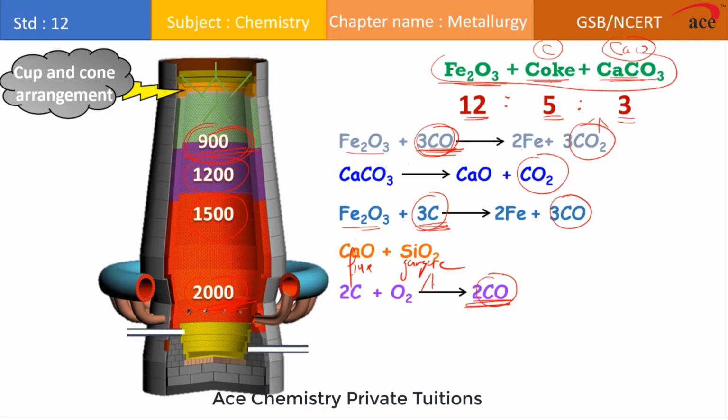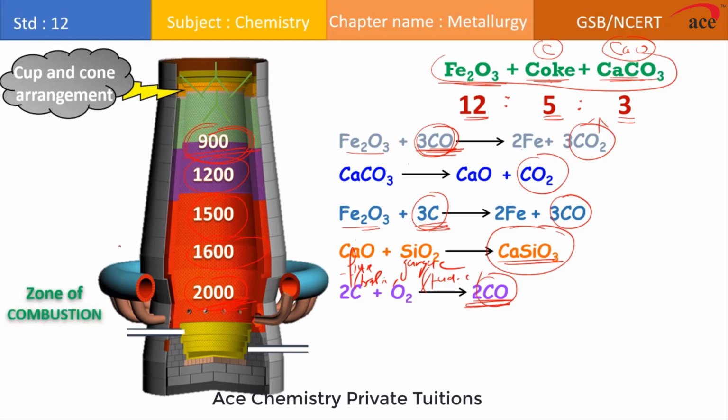This gangue is acidic in nature, and that's why we choose a basic flux. This basic flux combines with the gangue and forms an easily fusible mass, that is calcium silicate. It has a lower melting point and lower density as compared to molten metal. This reaction takes place at 1600 Kelvin.